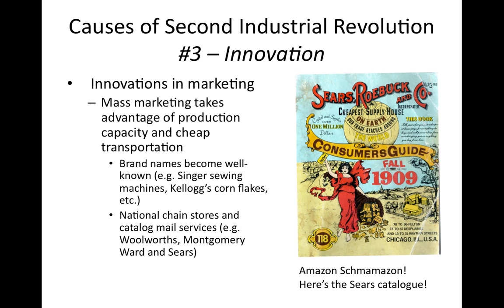Singer sewing machines, Kellogg's cornflakes, things like that are part of the Second Industrial Revolution, which is part of a trend toward the United States becoming a national market, a homogenous market where a smaller and smaller number of companies kind of dominates the production and sale of goods and services.